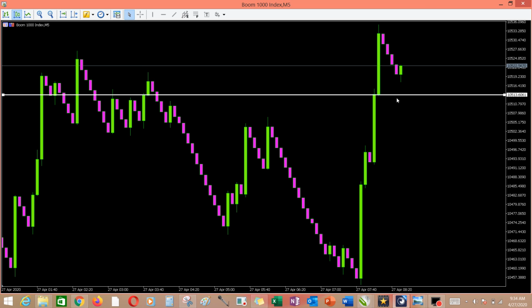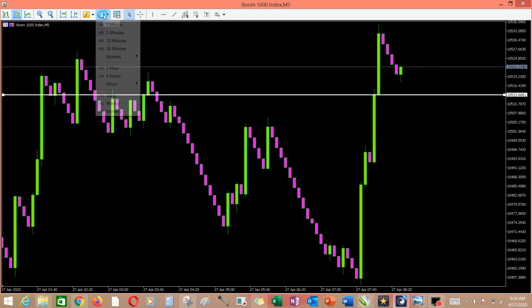So that is why all the spikes in Boom are considered as likely support zones, and all the crashes in Crash are considered as likely resistance zones. All these are very, very important and vital information you need to look at.